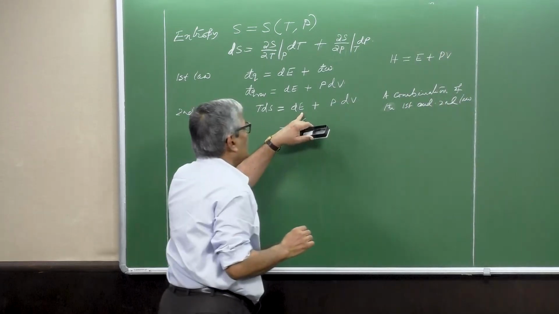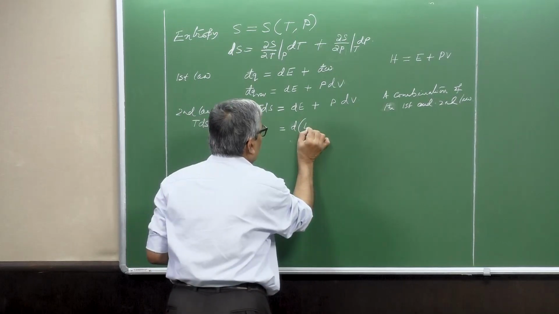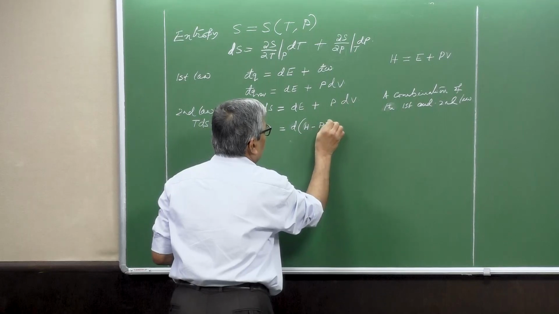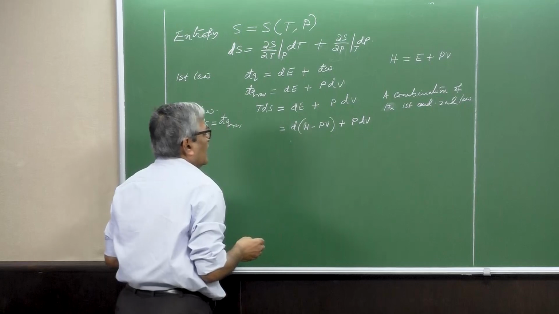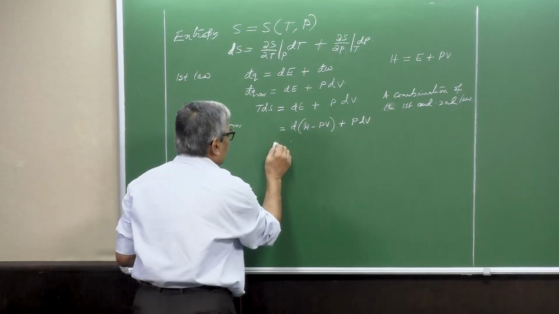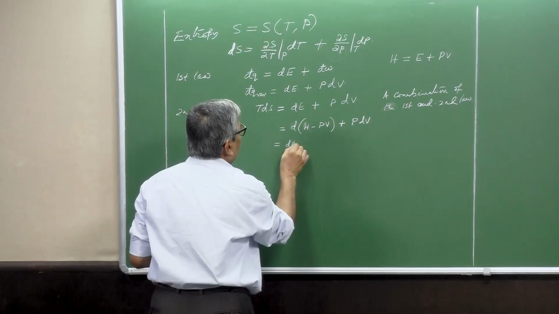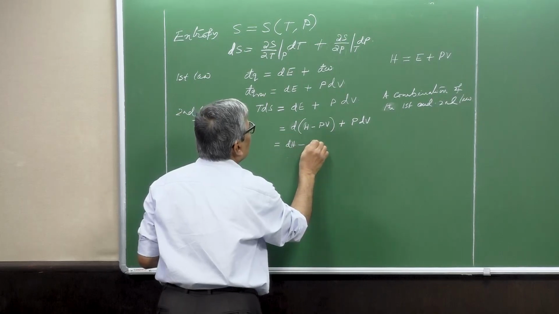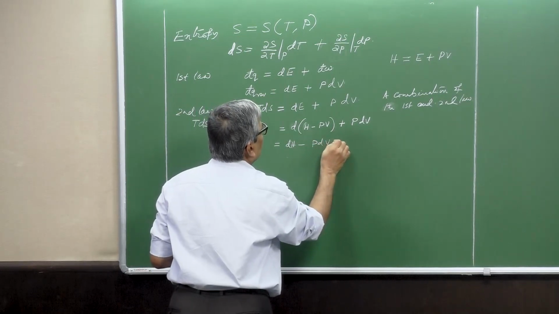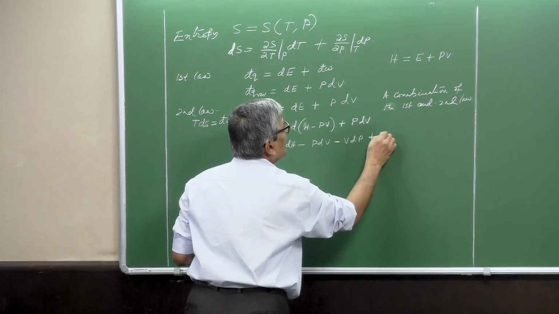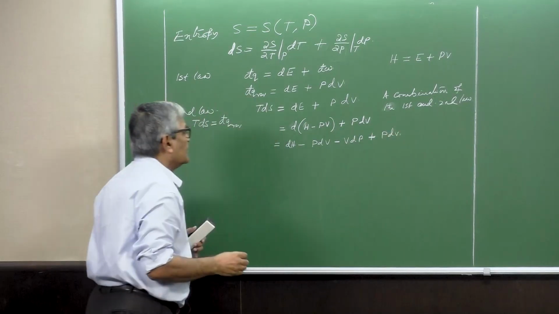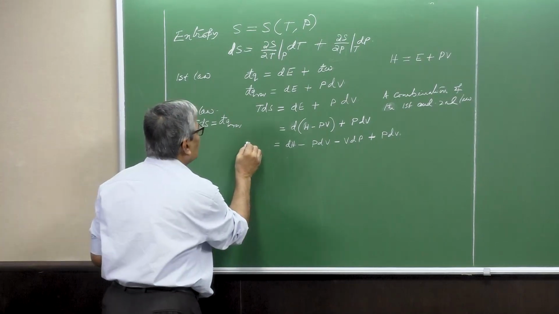So dE is basically dH minus P dV minus V dP, and T dS is this plus P dV.